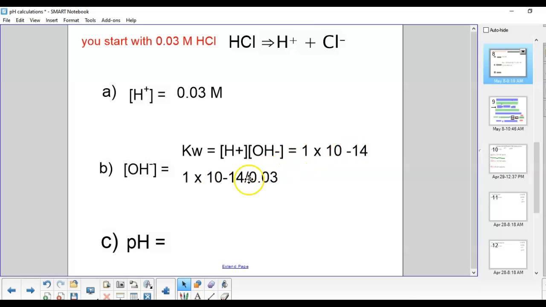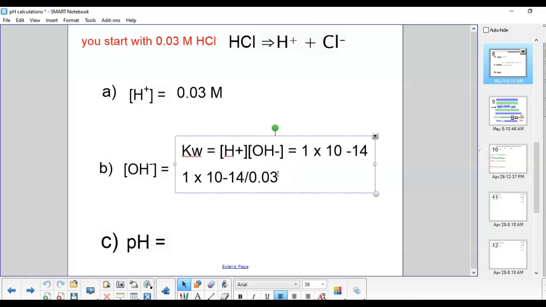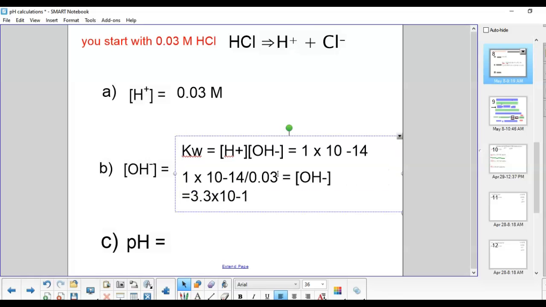I took my Kw value, I divided by hydrogen ion concentration. That's going to equal my hydroxide. And that's going to equal, well, when you type in 1 times 10 to the minus 14 divided by 0.03, you get 3.3 times 10 to the minus 13.